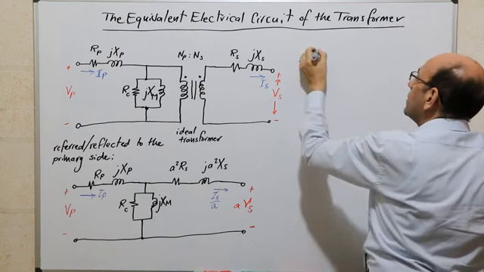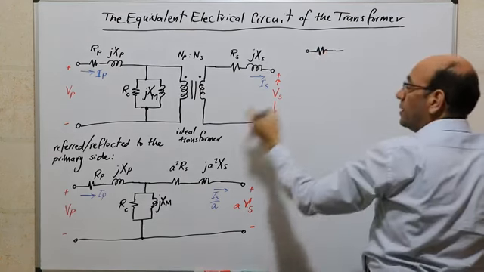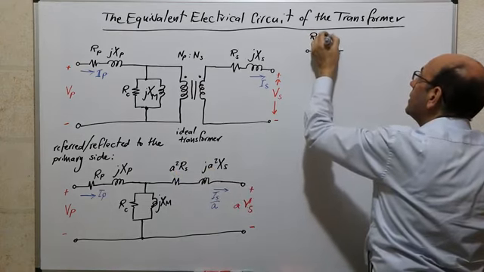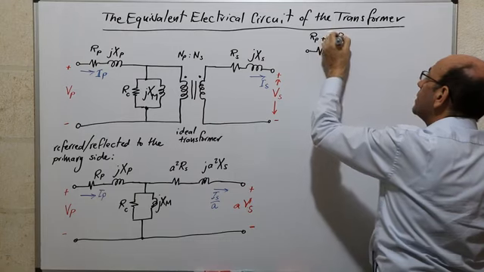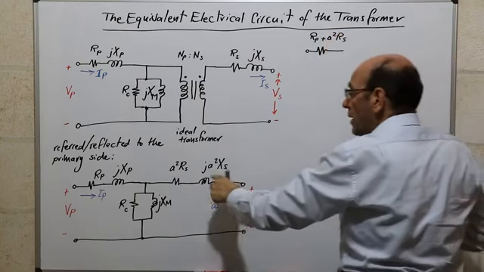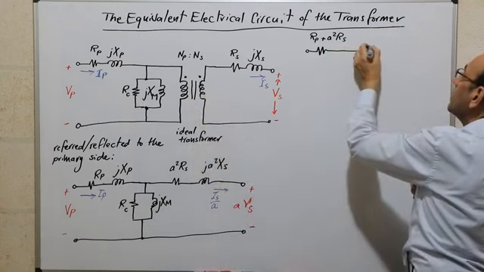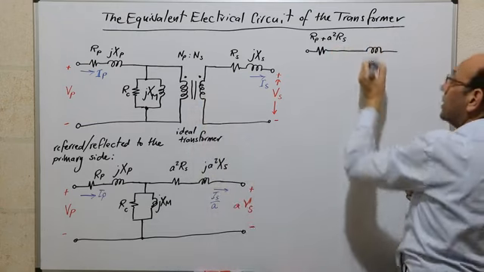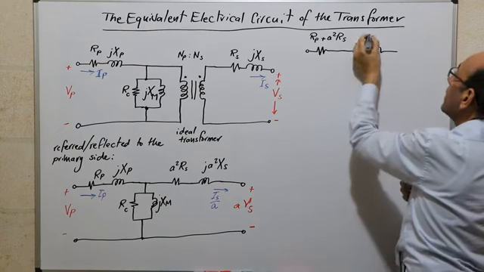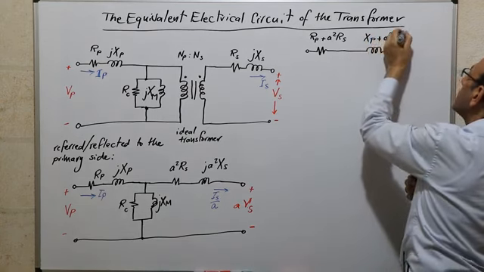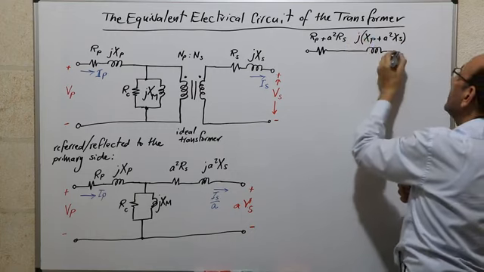So this becomes one resistor, and it has a value of R subscript P plus A squared R subscript S. And I can group this reactance with this reactance, and I would call it then XP plus A squared XS, times j.